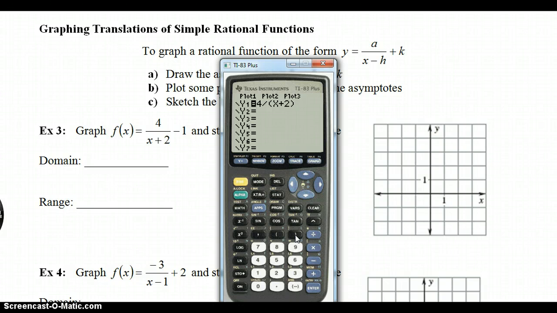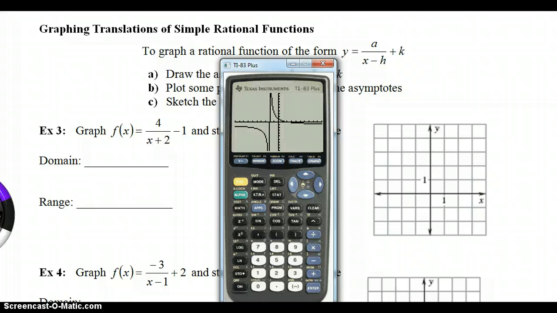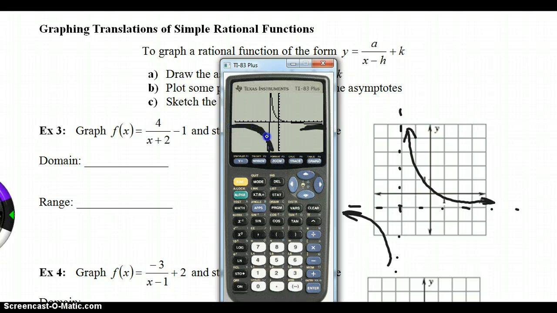And then you're going to add on the -1 after the fact. Okay, so this will give us that hyperbola that we have already graphed in our asymptotes. And we can see our curve gets closer and closer to -2, down, or -1, but never touches. And our curve comes up here close to that -1 as well. So that's how we'll sketch those in. If you want exact points, hit second graph and get exact points.